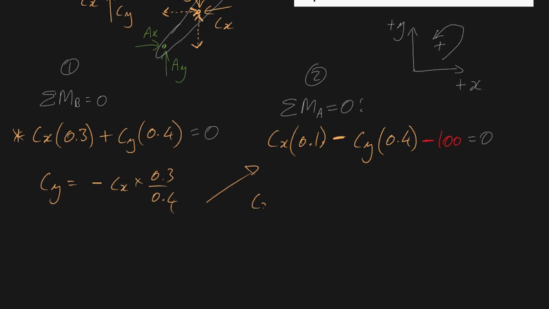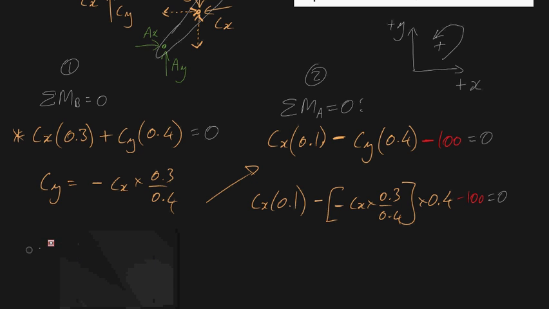So Cx times 0.1, minus Cy, which we just figured out was minus Cx times 0.3 on 0.4, times 0.4, minus 100 is going to be equal to 0. When you analyze that, you're left with the solution that Cx is equal to 250 newtons. That's after you solve the equation, which I've got just above.